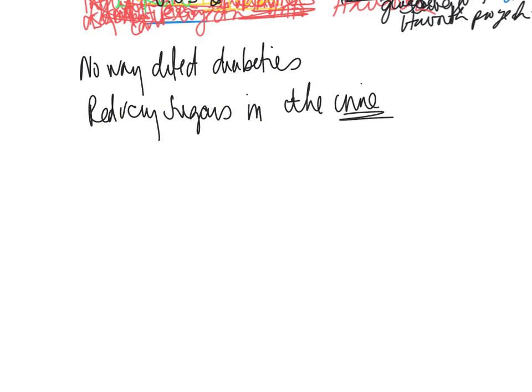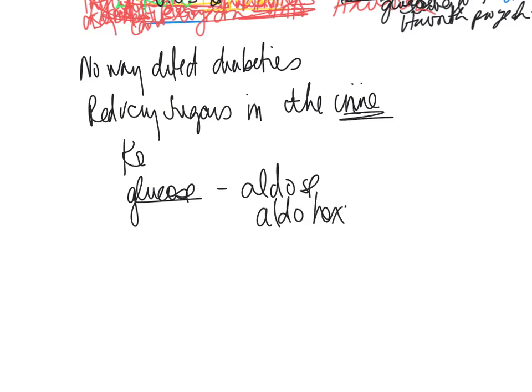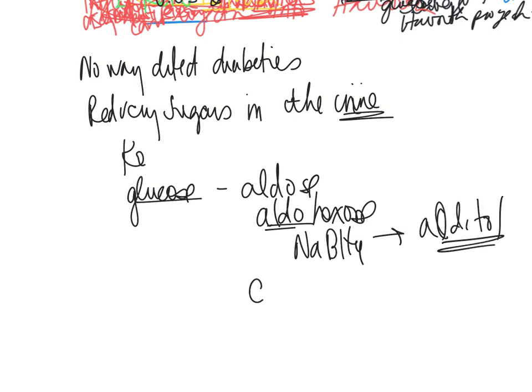So glucose is a reducing sugar. It's an aldose, right? It's an aldohexose. And so the aldehyde with sodium borohydride will reduce to a thing called an alditol, which means the aldehyde will reduce to the alcohol. And that was a way to detect whether people were diabetic. So monomers can get reduced.